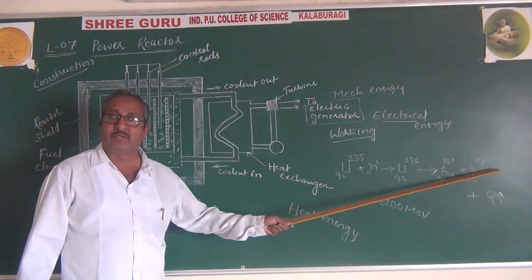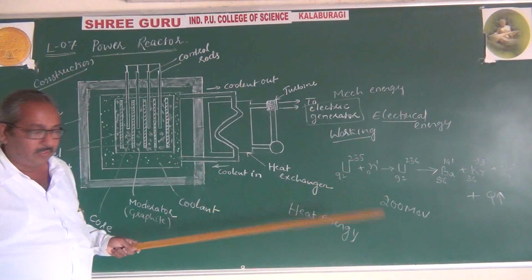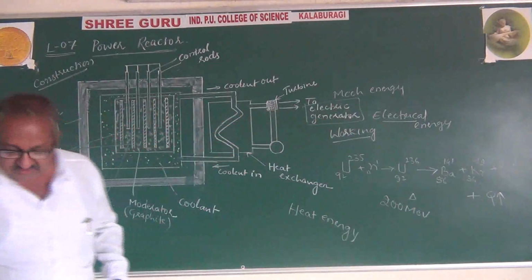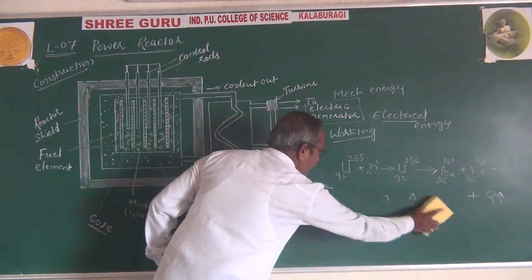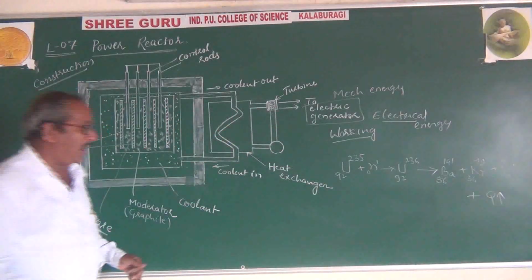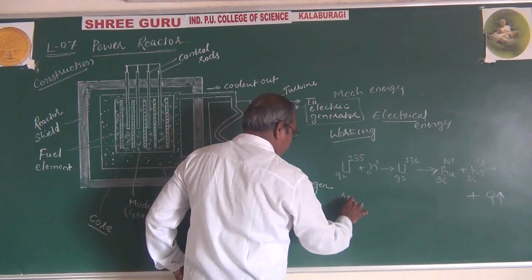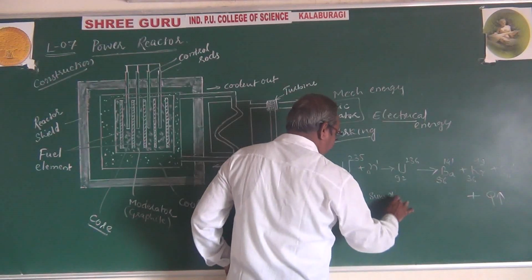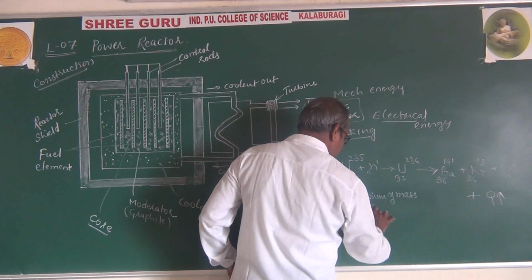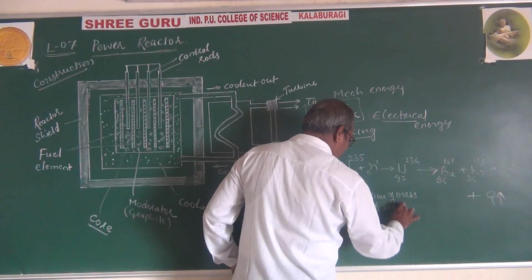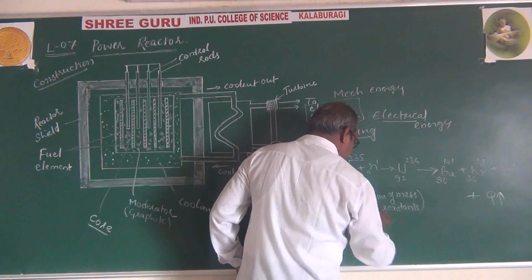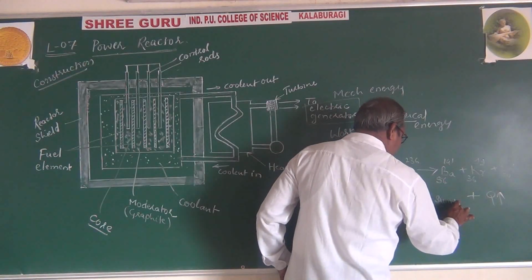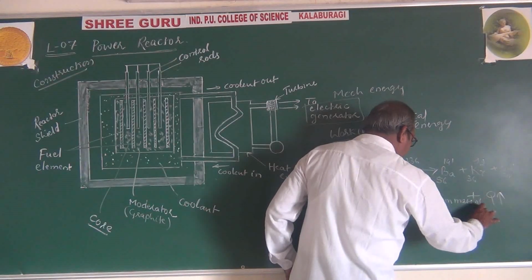This total mass find out करना, अब ये दोनों का total mass find out करना, and difference of that is the mass effect delta m, equal to sum of the mass of reactants minus sum of mass of products.